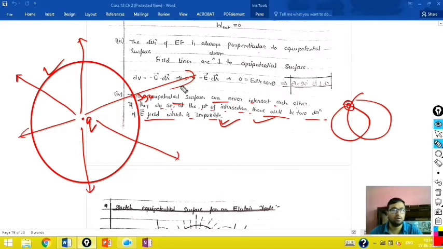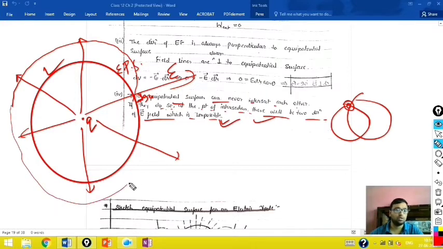In the previous lecture I explained why it is so. This is the electric field and this is the equipotential surface, and this angle is how much? 90 degrees. Now suppose you try to make one more equipotential surface, and suppose in some particular case it cuts, however it is not possible that equipotential surfaces will cut each other, but suppose it cuts like this.